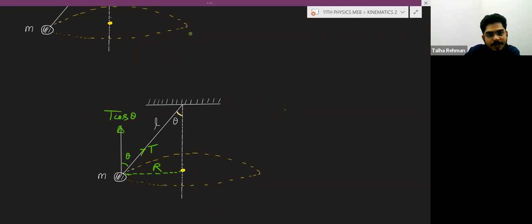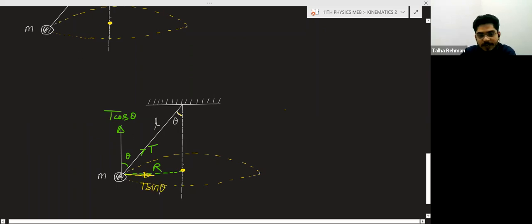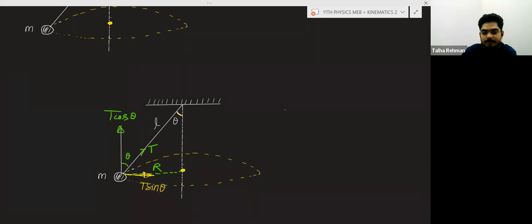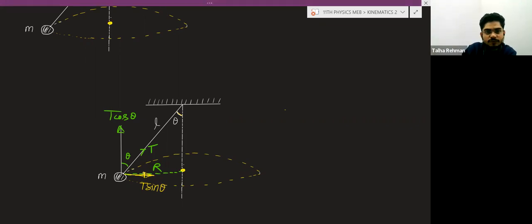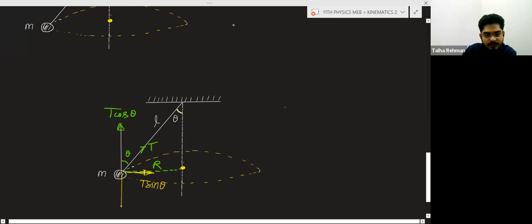Another component of this tension will be in this direction, that is T sin theta. So one component is in this direction, another component is towards the center. And this mass is rotating like this. There will be the force of gravitation, or weight of the mass, in the downward direction, mg, m into g.